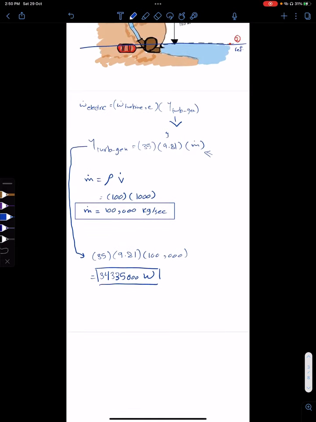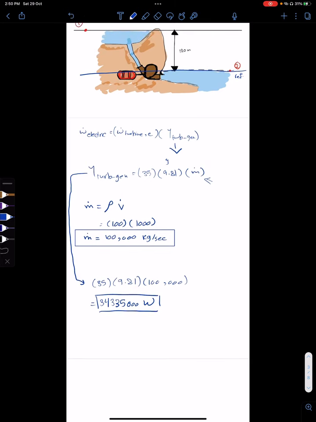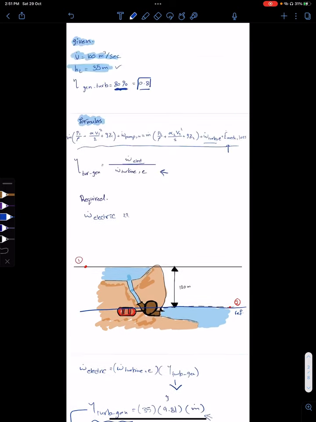Okay, at this point we have the efficiency of turbine generator, which equals E dot mech loss, which we will be working on in this huge formula.